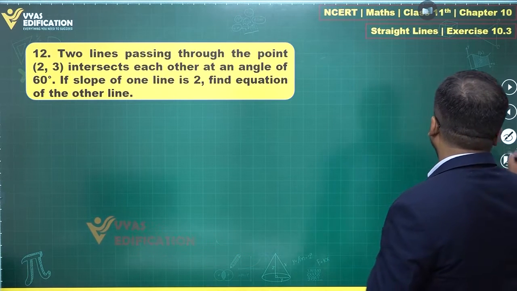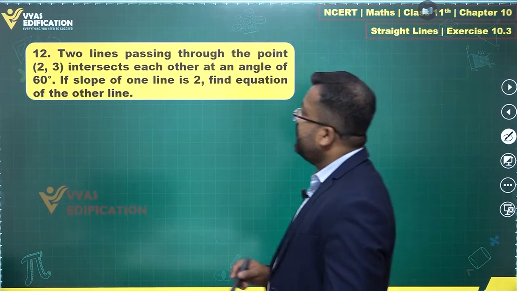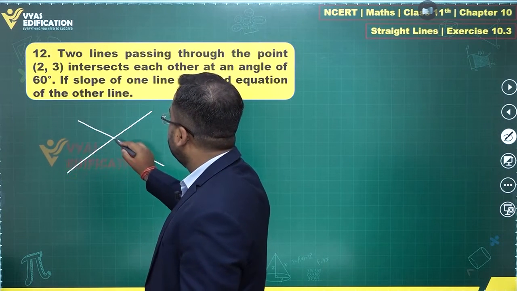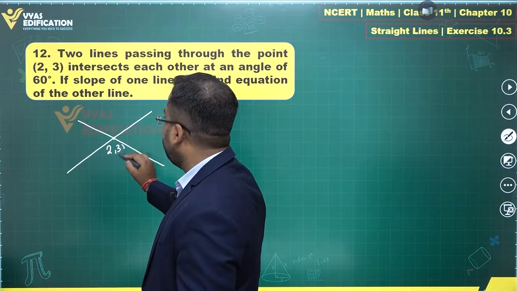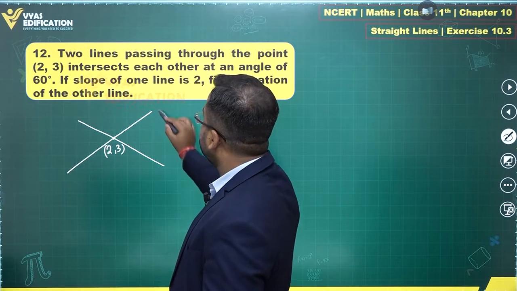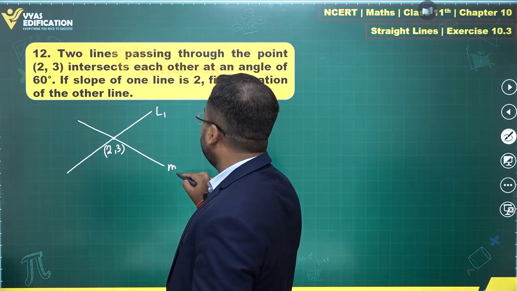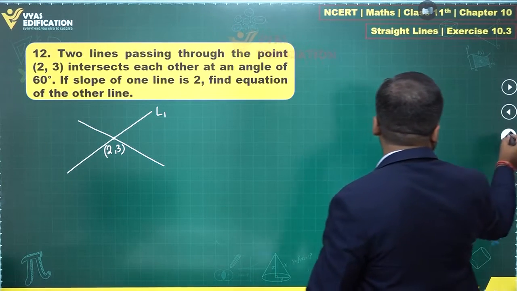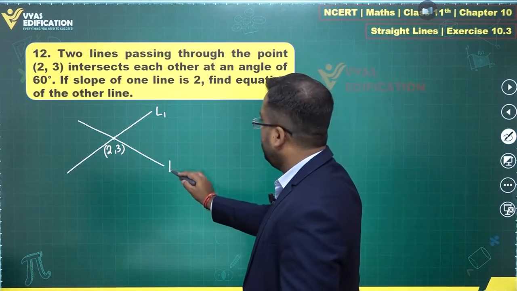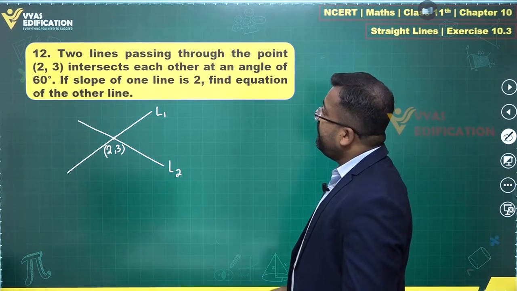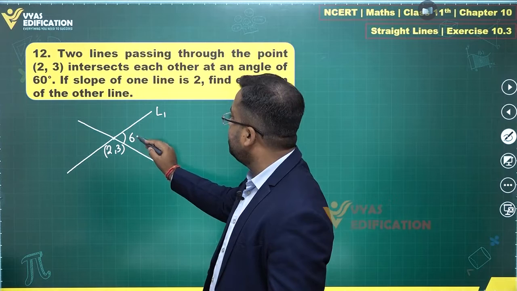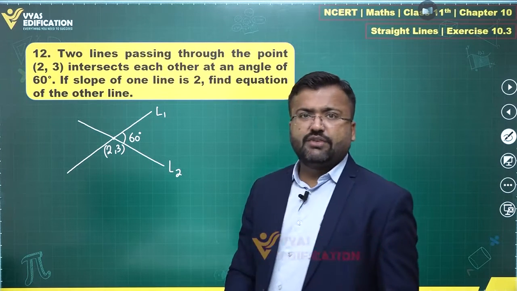Okay, pretty interesting. Let's say we have two lines passing through the point 2 comma 3. Okay, this is a point 2 comma 3 which is a common point, and this is L1, this is L2. Okay, and if slope of one line is 2, they intersect each other at an angle of 60 degree. This particular angle is given as 60 degree, let's say, the acute angle.